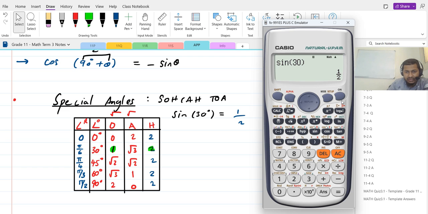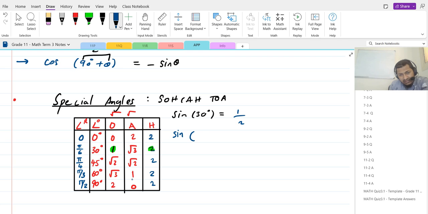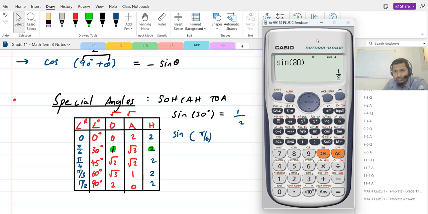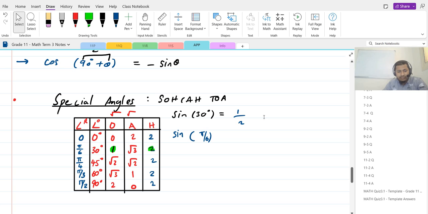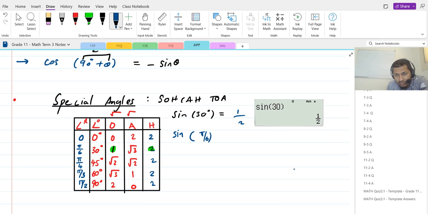That's correct. But now if I put sine of pi by 6, 30 degrees is pi by 6. Let me make it clear that you need to have your calculator in D mode for using degrees, in other words, degree mode.